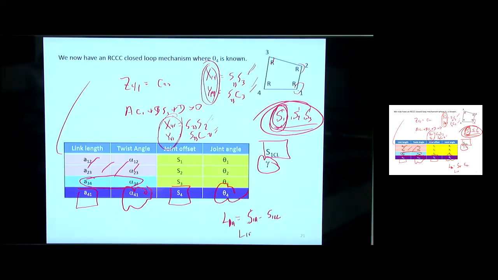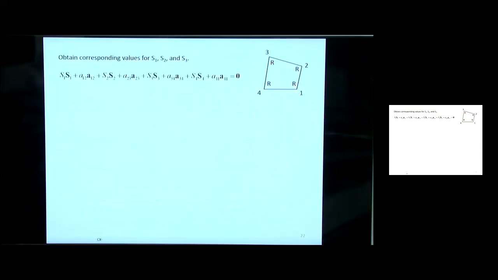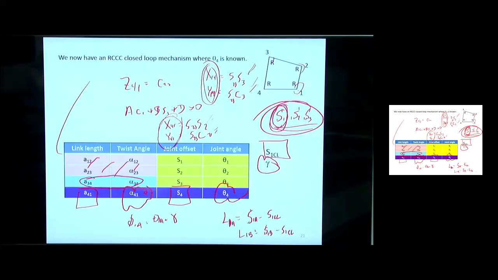And L1 B case is going to be the B case value of S1 minus S1 closed loop. And of course, phi1 for the A case is going to be theta 1 A case minus the gamma that we got when we closed the loop. Phi1 B case is theta 1 B case minus the gamma.